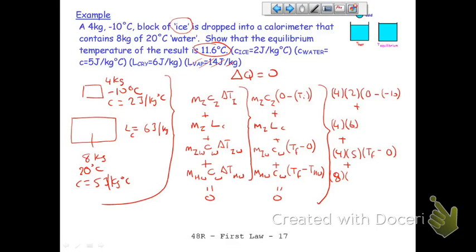It's water. So that's going to be 5 again. TF minus, it started off at 20.